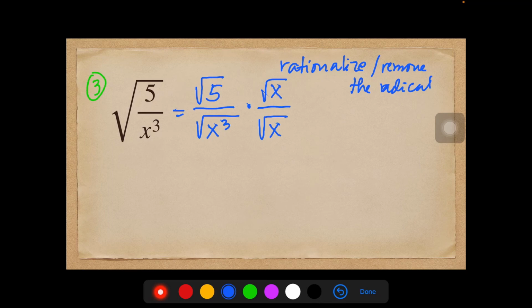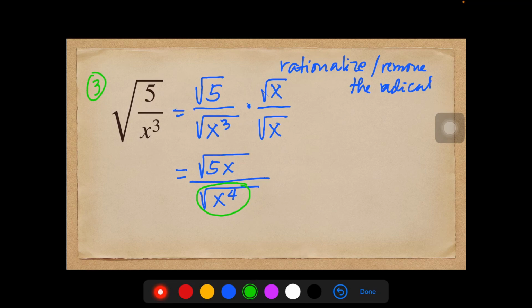It's because when we multiply, we have the square root of 5x in the numerator over the square root of x to the fourth power. And this expression x to the fourth power is a perfect square number.